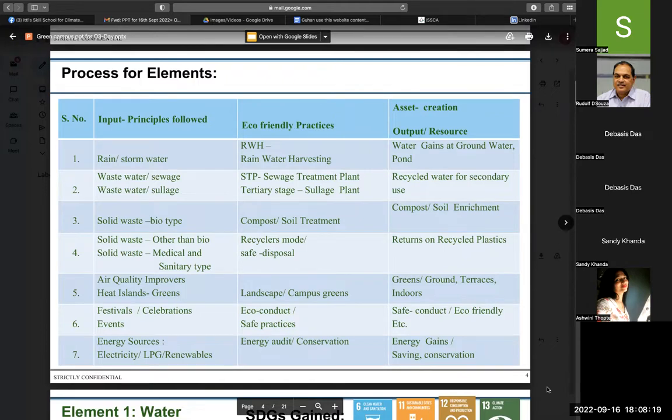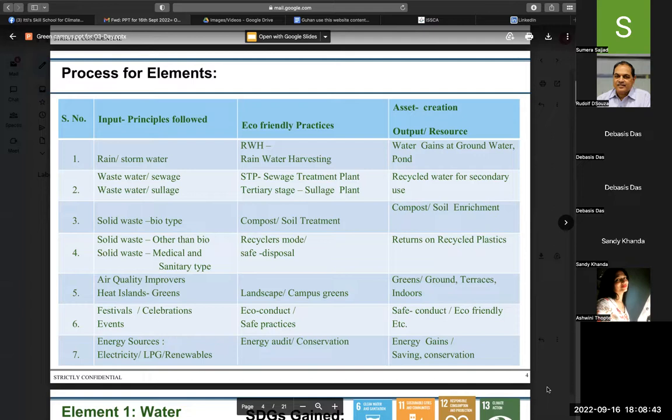The first and most important thing is the rain. Whenever we have any rain falling on the campus, I'll again repeat, we are talking about how each individual can take care of their place and respect the resources. First is water.